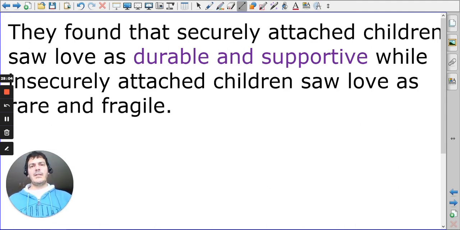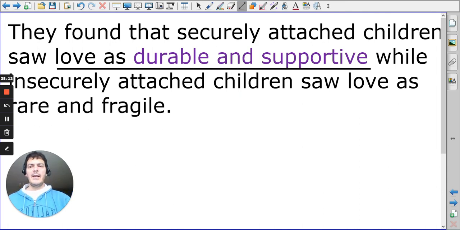And what we find is that those people designated as securely attached saw love as durable and supportive. So in other words, there's a much more positive view on love if you are securely attached. However, if you're insecurely attached, it says here that love is rare and fragile.